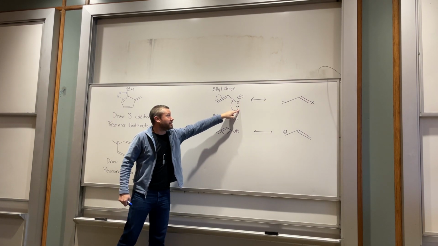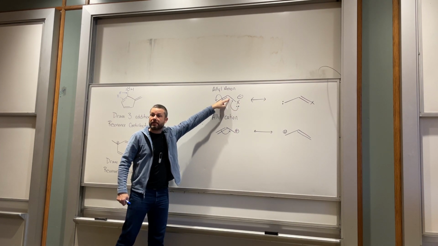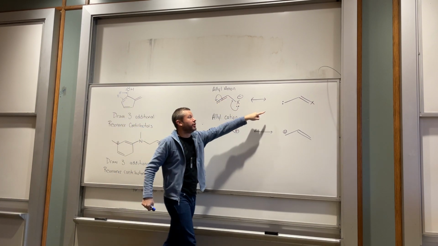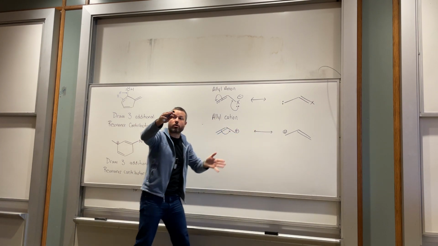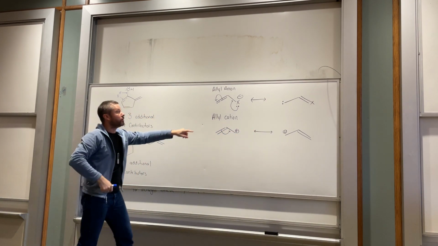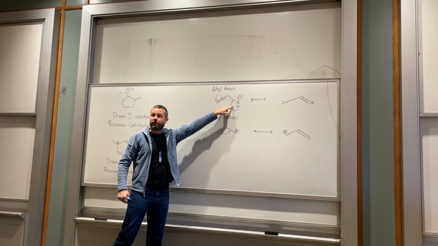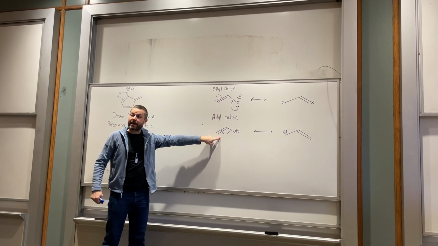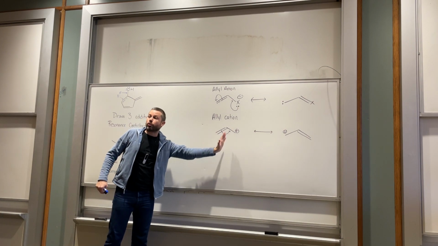These electrons make a new bond, and the pi bond electrons come out and become a new lone pair. So the arrow flows from the atom with the lone pair toward the pi system.